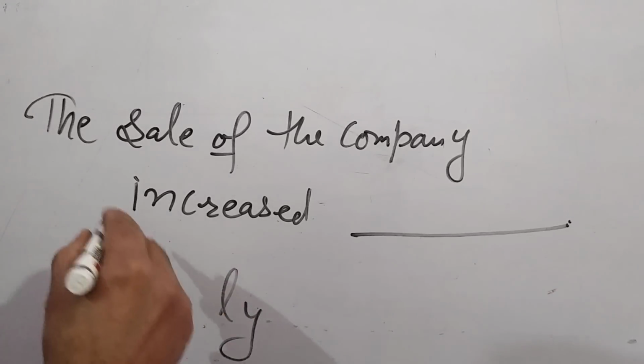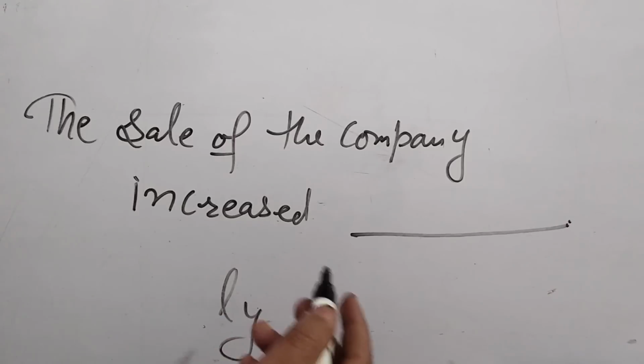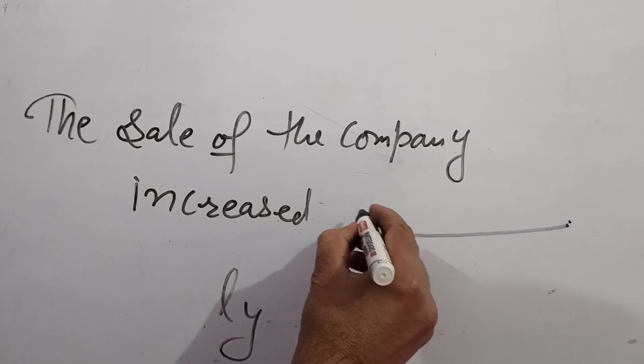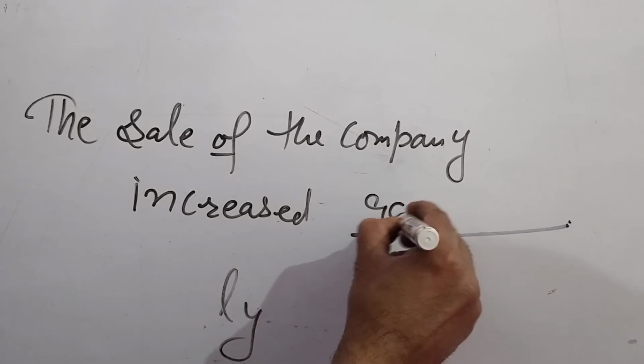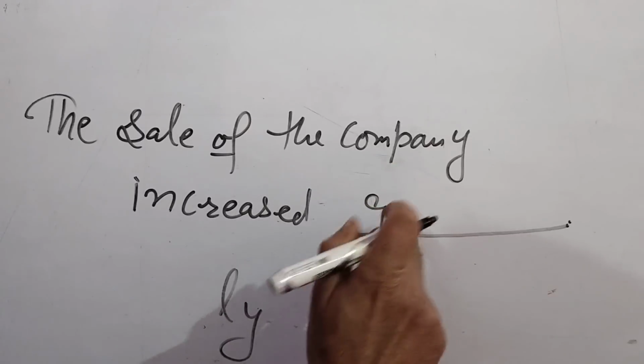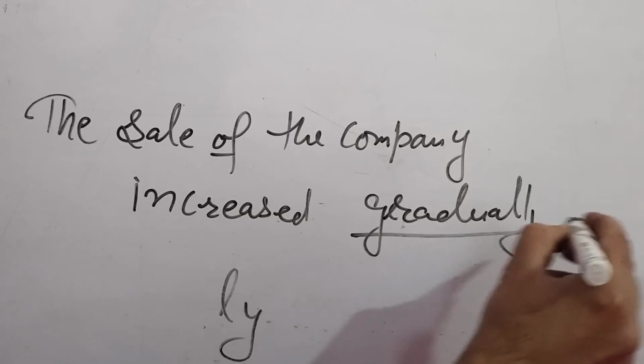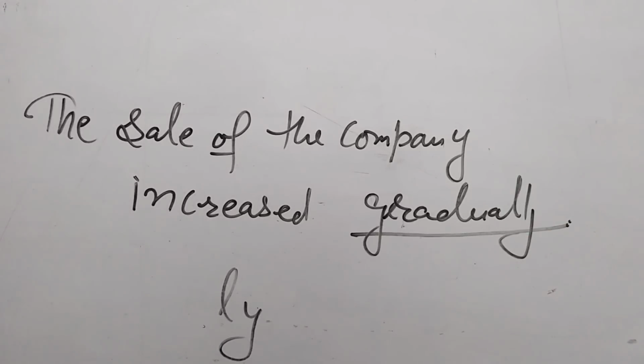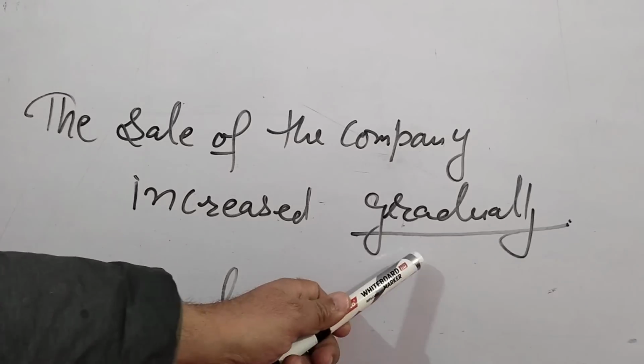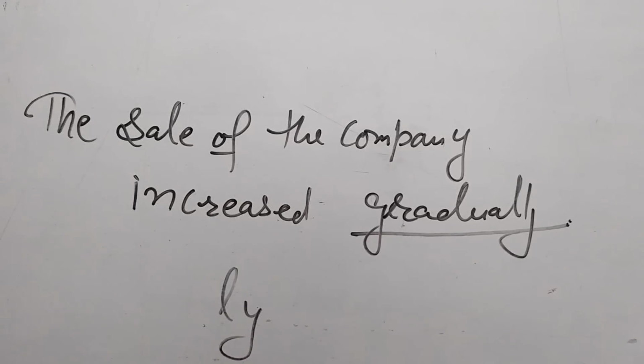For example, here, the sale of the company increased gradually. So that is our answer. It could be slowly, gradually, fluctuatingly. So this is called an adverb. तो एडवर्ब जो होती है, हमेशा वर्ब के बाद जो वर्ड आता है वो एडवर्ब होता है, वो हमें फिल करना पड़ता है.